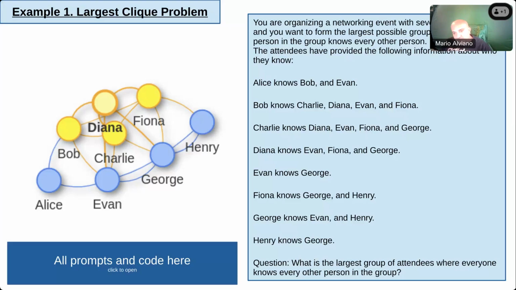We have a list of pairs of people that know each other, and then we ask the large language model, can you identify this large component of persons that know each other mutually?